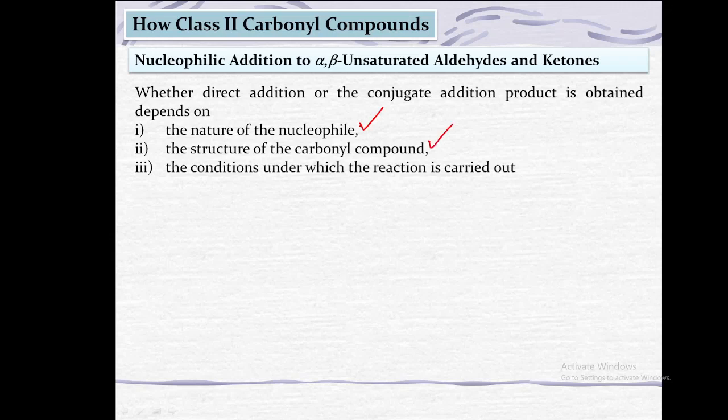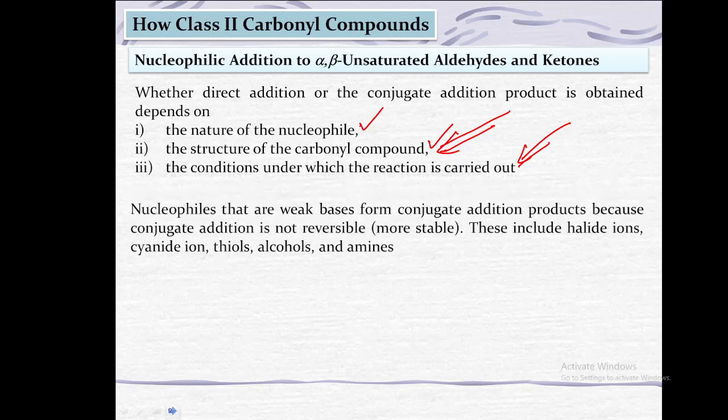Two, structure of the carbonyl. And I know you people already have a lot that you can say about that point number two, because we have discussed it previously. And then number three is conditions under which the reactions take place. Okay. So we'll look at each of them, or probably a combination of them, as we continue with this short lecture here.